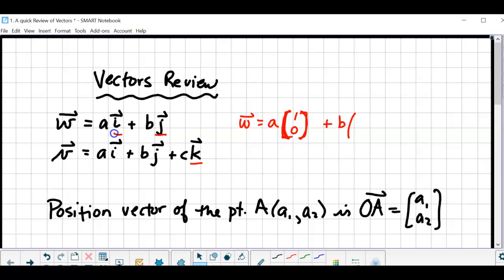And then b times (0, 1, 0). Those are the standard basis vectors in component form. So i corresponds with the x-axis, j corresponds with the y-axis, and k with the z-axis. So this would be a times (1, 0, 0).